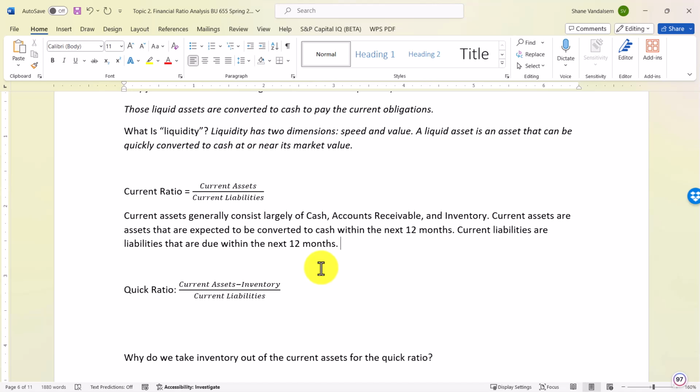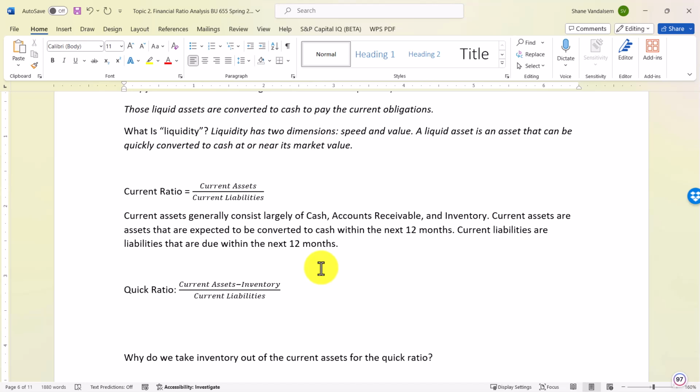And so what we're looking at here is the amount of the assets that are expected to be converted to cash within the next 12 months divided by the amount of liabilities that are due within the next 12 months. So generally we want to see enough current assets that can be converted to cash to cover those liabilities.